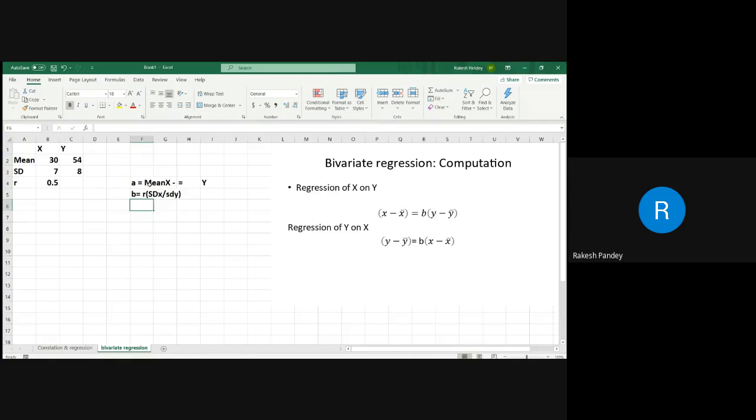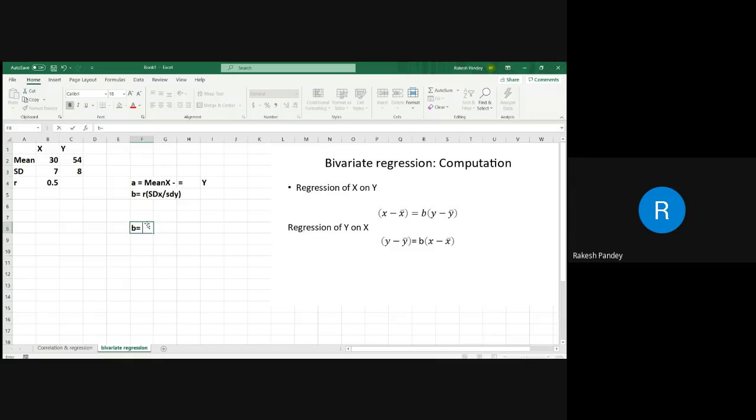And this is the formula of a when the regression equation has to be computed in this form, regression of x on y. But when it is y on x, then b in this situation will be, can any one of you make an attempt?